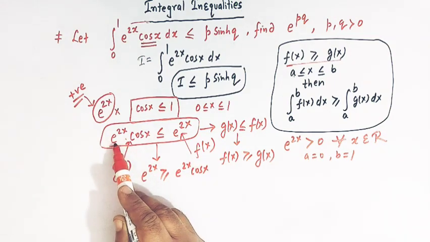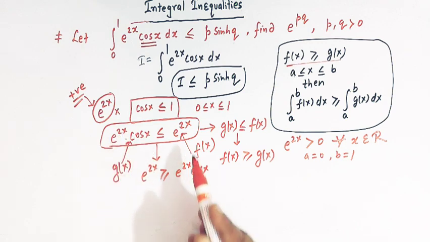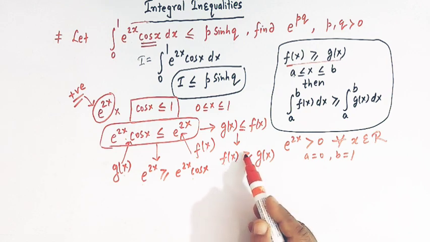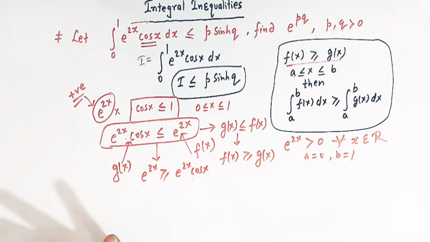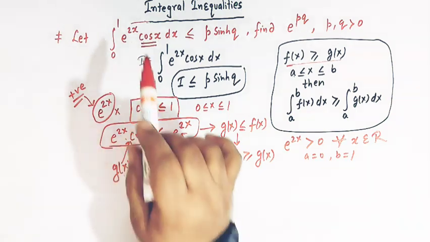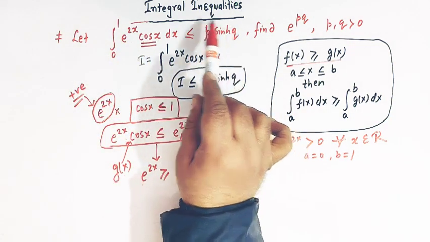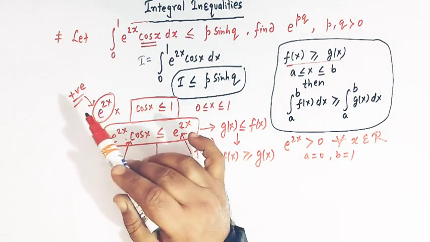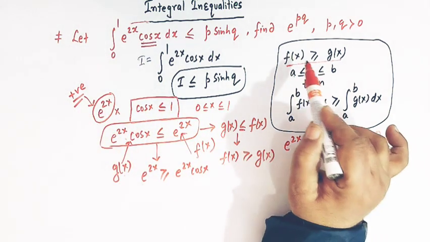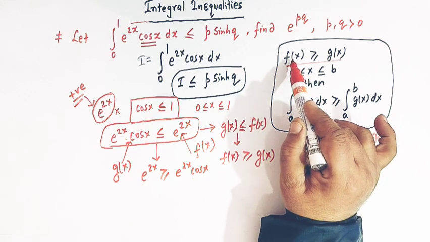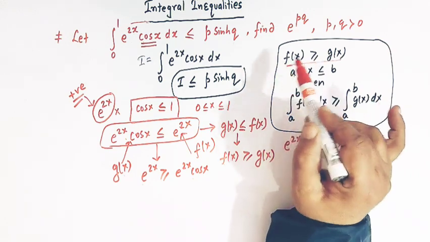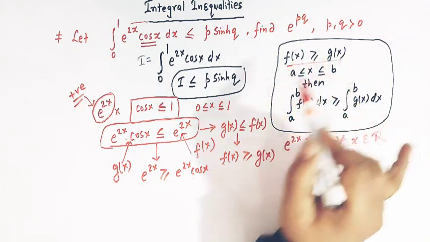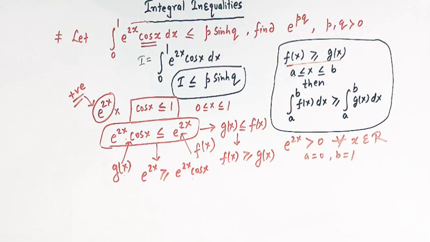Here e raised to 2x cos x is g of x, and e raised to 2x is f of x, so we have f of x greater than or equal to g of x. Whenever we come across these types of problems, our first aim is to form an inequality like this, so that we can take the functions f of x and g of x out of the inequality.